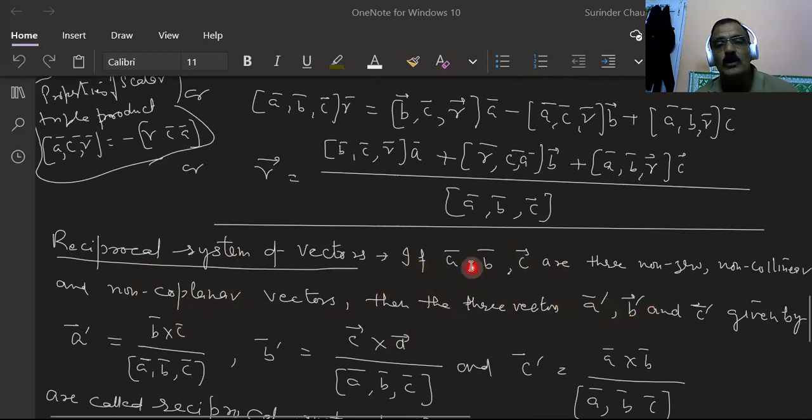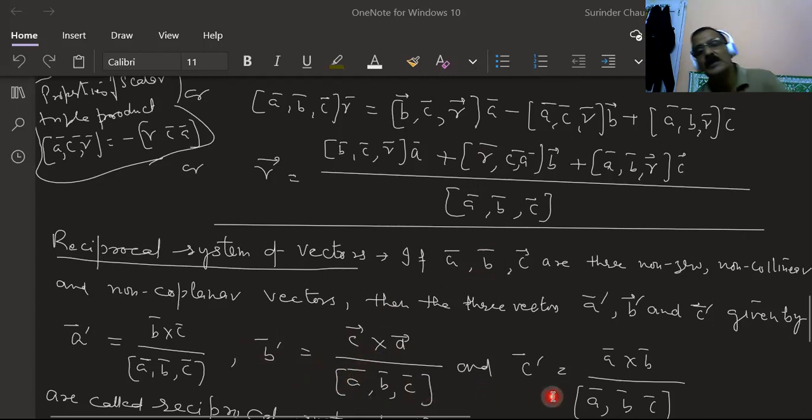So suppose the reciprocal of A vector is A vector dash, of B vector is B vector dash, and of C vector is C vector dash. The reciprocal of A vector is given by the cross product of B and C vectors divided by the scalar triple product of A B C vectors. The reciprocal of B vector, B dash vector, is, in cyclic order, C cross A upon the scalar triple product of A B C vectors.